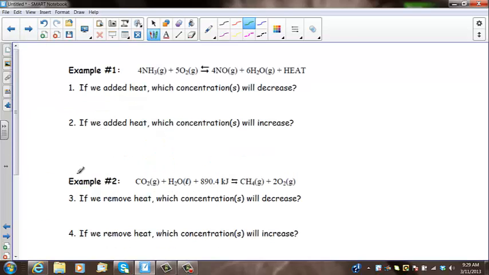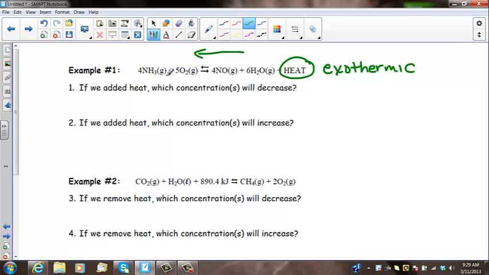Let's look at a couple of examples. In example 1, right away, I can see that heat is on the right side, so this is an exothermic reaction. And if we add heat, so if I increase the heat, that means that the shift is going to be to the left, which means that we're going to be making more NH3 and O2.